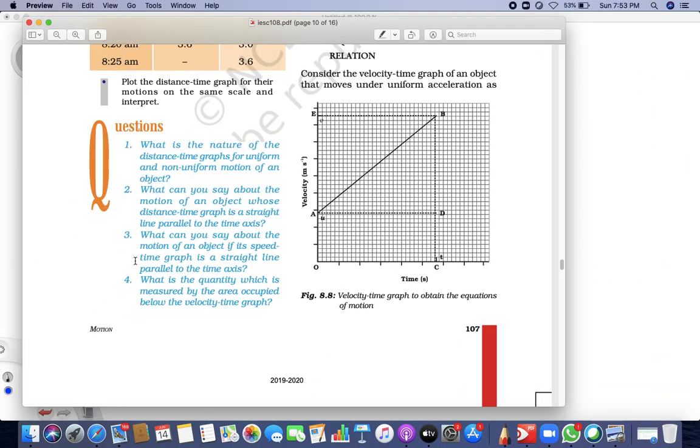Look here, as they have mentioned in our textbook. Now let's name the points in a proper way.